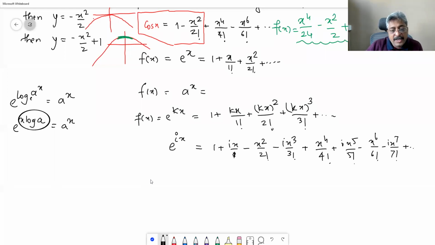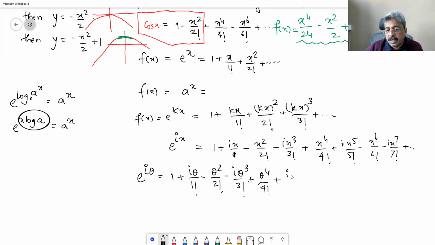and if I wish to write it like this, e raised to i theta, then it will be 1 plus i theta by 1 factorial minus theta square by 2 factorial minus i theta cube by 3 factorial plus theta raised to 4 by 4 factorial plus i theta raised to 5 upon 5 factorial minus theta raised to 6 upon 6 factorial minus i theta raised to 7 upon 7 factorial.